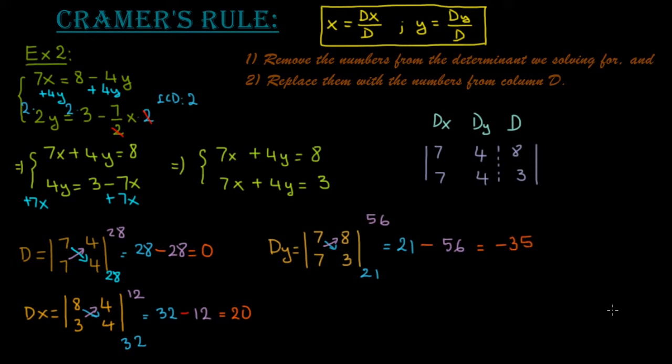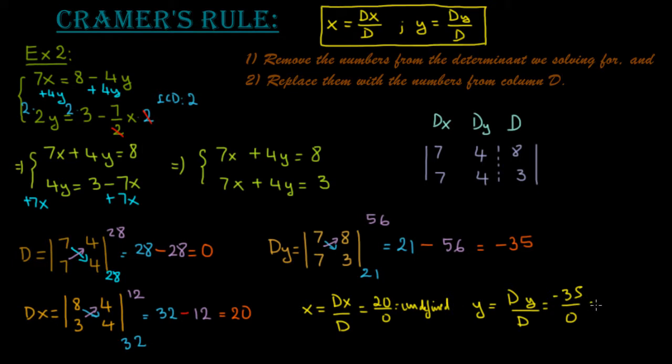So we have all three determinants. Let's apply the formula. So we have x equal to Dx divided by D and y equal to Dy divided by D. Then we will have 20 over 0, and negative 35 over 0, which will give me undefined, and undefined.